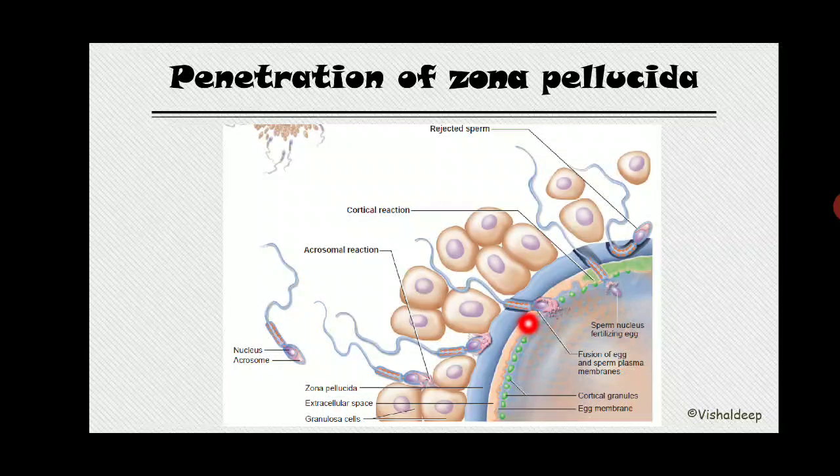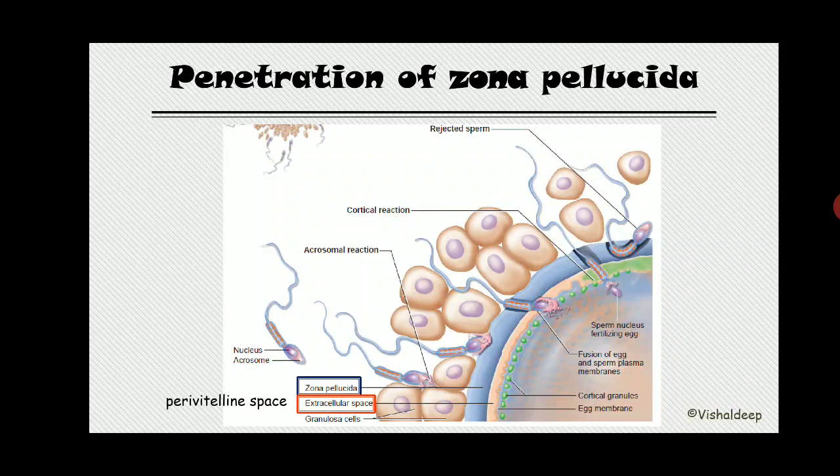That space present between the zona pellucida and the oocyte membrane is known as an extracellular space, and there is a particular word for this extracellular space: it is the perivitelline space.